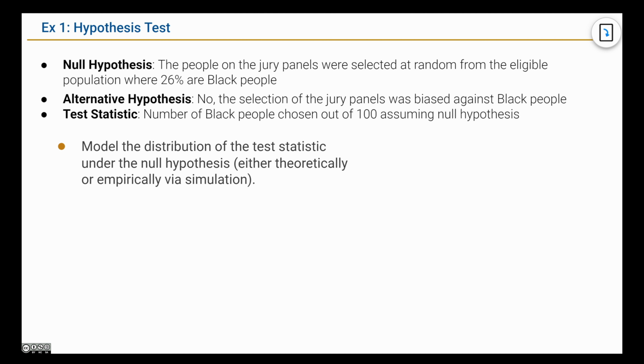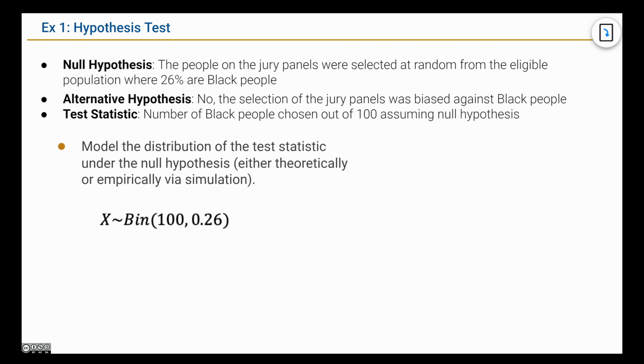If that's what we do, then the number of people out of 100 who are Black in that simulation is actually well modeled by a binomial distribution. So this is a great, reasonable way to model the distribution of our test statistic.